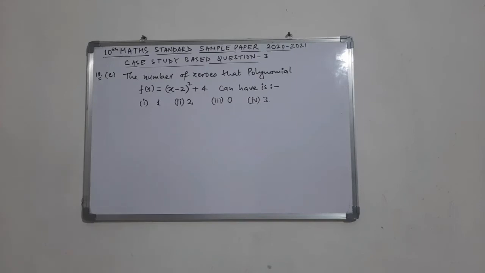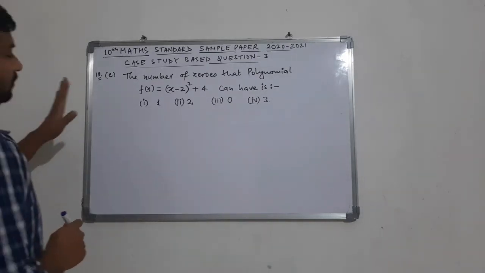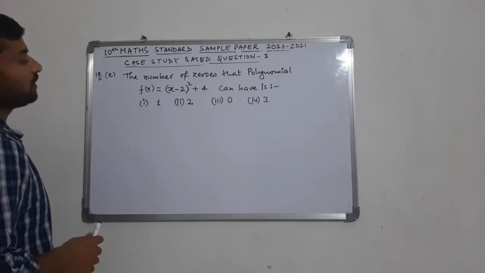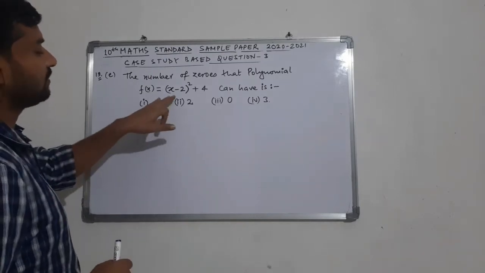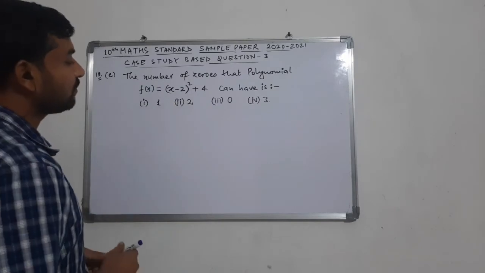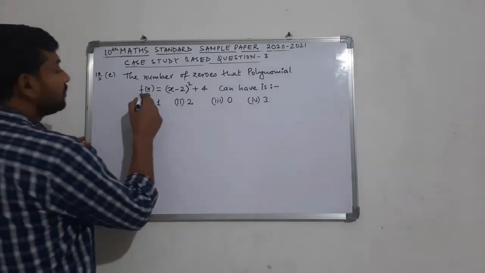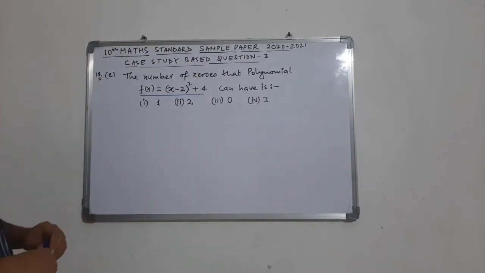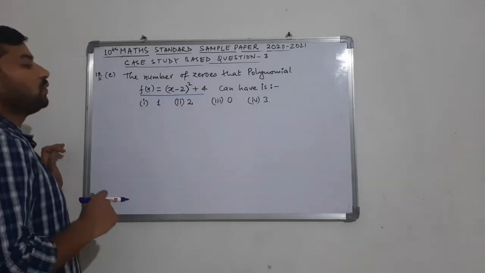Let us come to the last question of this question number 19. The number of zeros that polynomial f of x, which is defined as (x minus 2) whole square plus 4, can have is. We have to find the number of zeros. As you know, the number of zeros of a quadratic polynomial is at most 2.